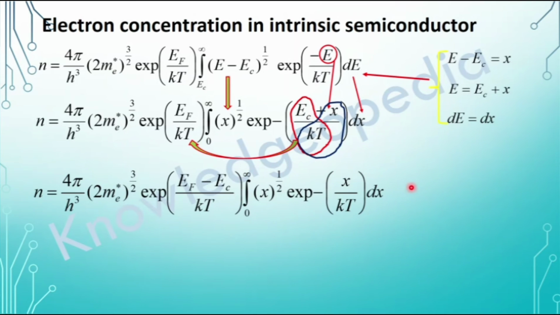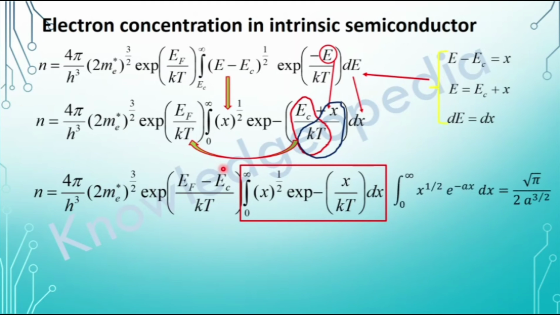This integration inside this red box resembles a standard integration, that is x to the power half e to the power minus ax dx, with integration limit from 0 to infinity, equal to root pi by 2 a to the power 3 by 2.